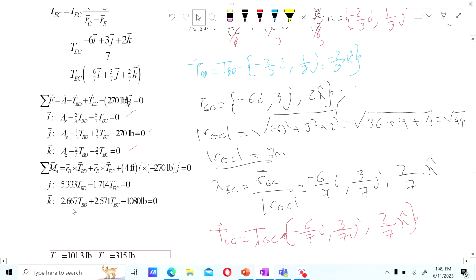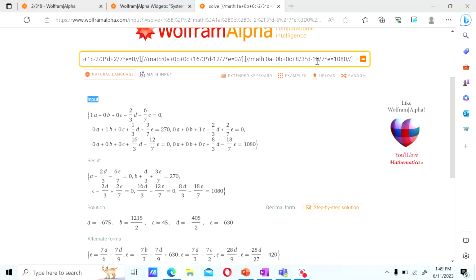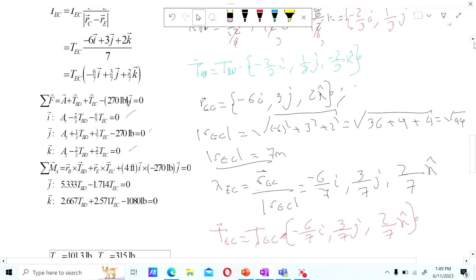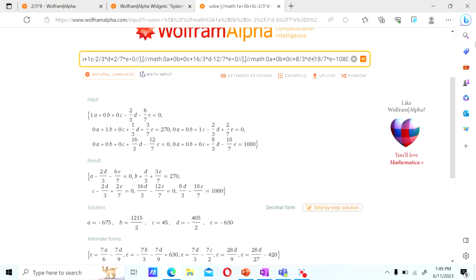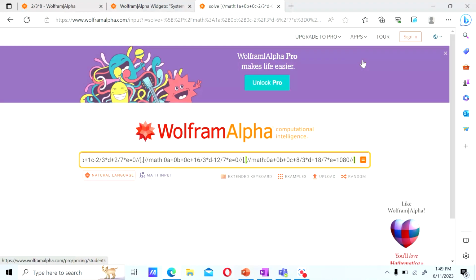What is 8 divided by 3? 2.66, yep. And positive, yep. Oh, we have a negative here. Positive 18 divided by 7, 2.57. Yeah, okay. We had a negative there.